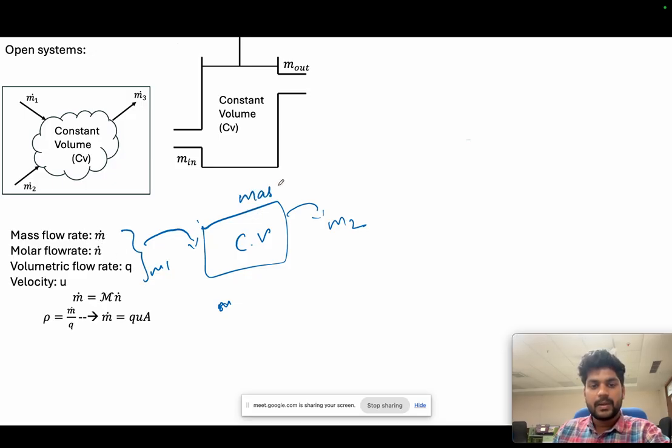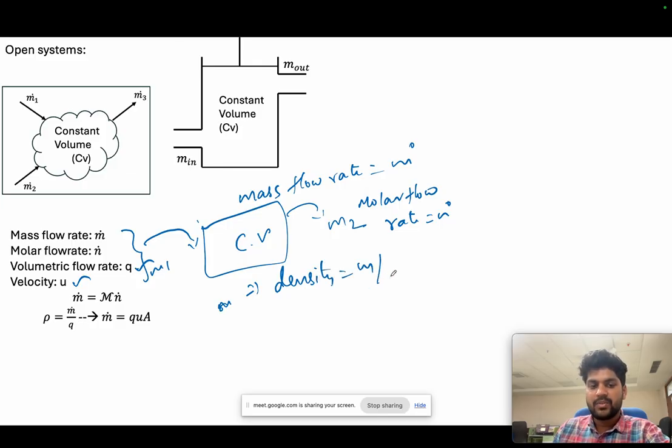One is mass flow rate, which is m naught, and molar flow rate, which is n naught, and then volumetric flow rate, we know how much volume is passing through a particular area, and then velocity. We know that density equals mass by volume.